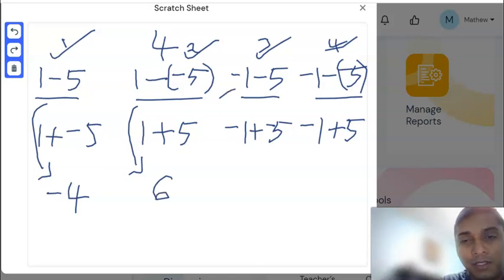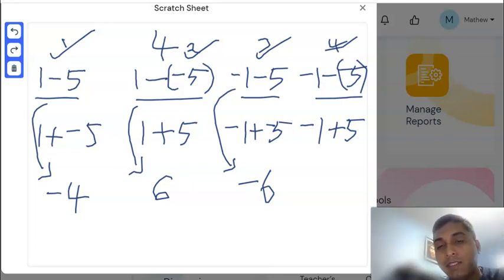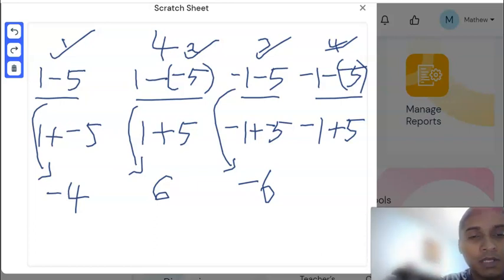But the third one is a positive number. This was +5. You subtract it from -1. So when you rewrite you get -1 plus -5. So the answer is going to be -6. -1 minus 5 is -6. You add the opposite because you are evaluating with addition rules here.